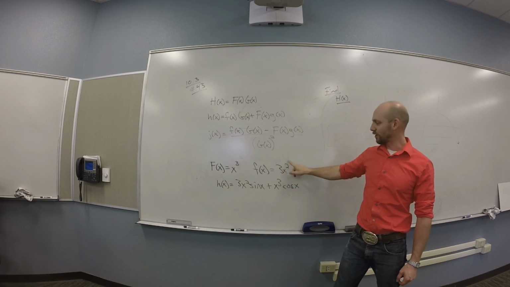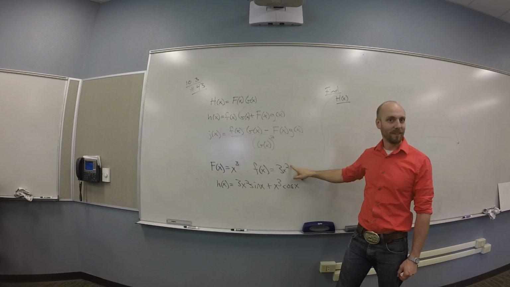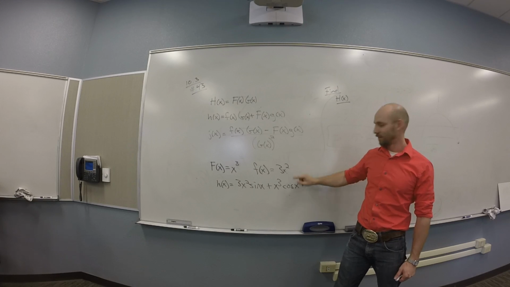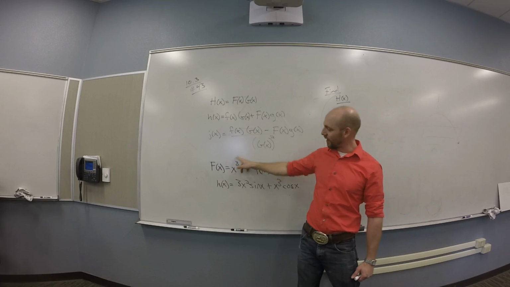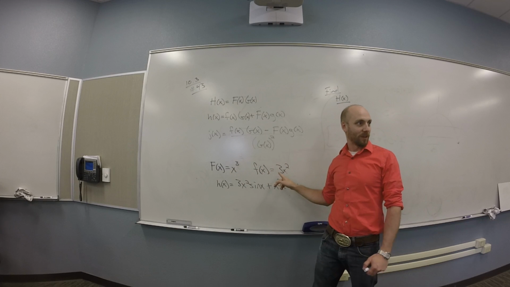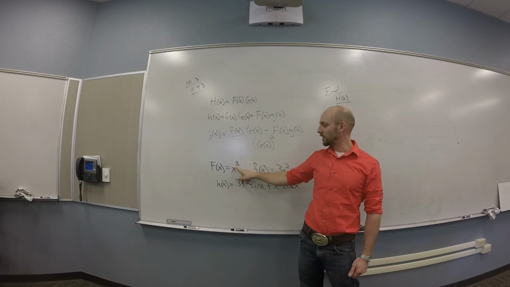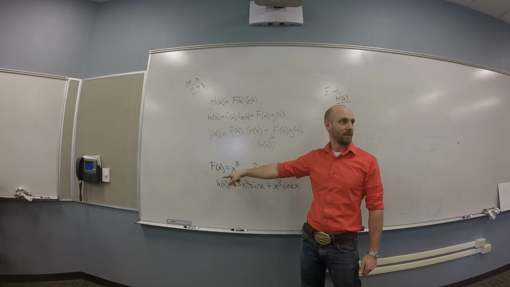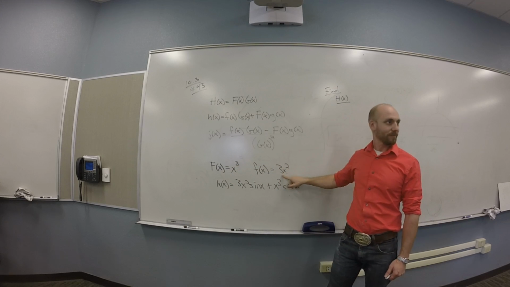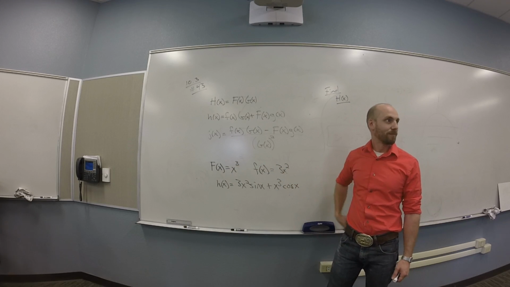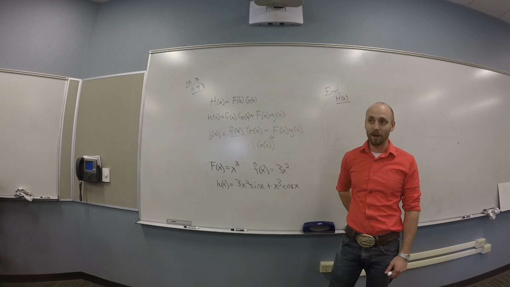They took the 3 down and lowered the power by one. So they took the 3 that was in the power down to get from capital F to little f. Yes, this is a derivative. This is how you differentiate a cubic function.